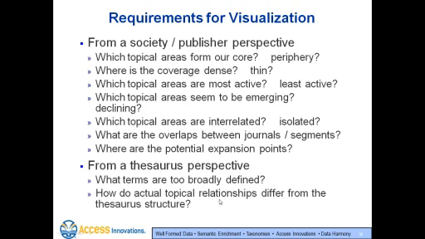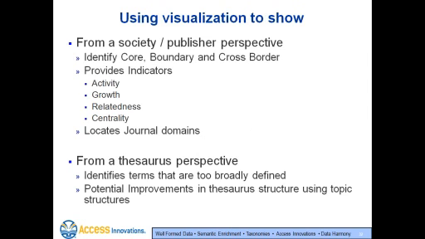So this was the set of questions that we wanted to answer on the project, and we wanted to identify that core, but also concentrate on boundary and cross-border interactions. We needed to find the activity, growth, relatedness, as well as centrality indicators.